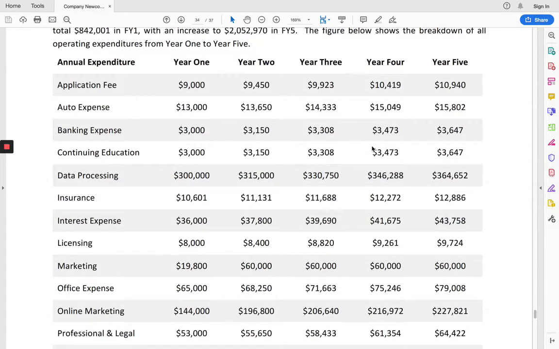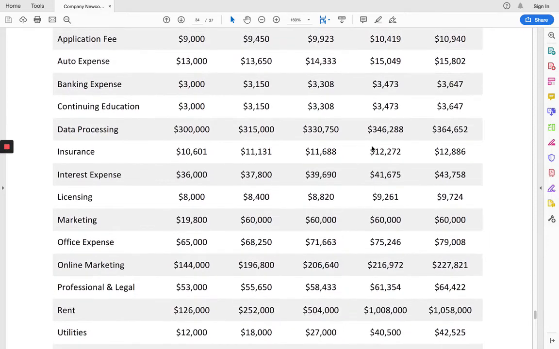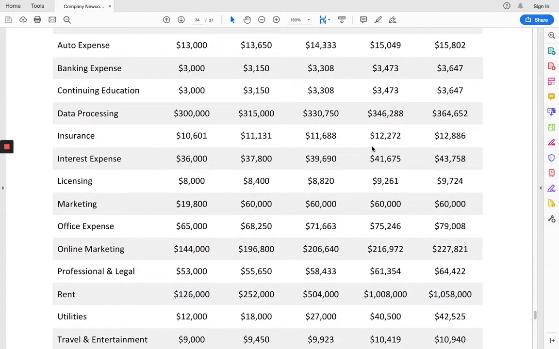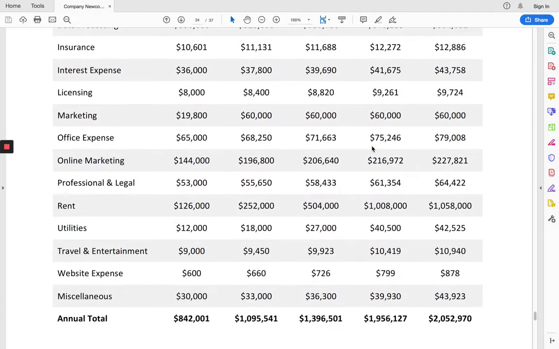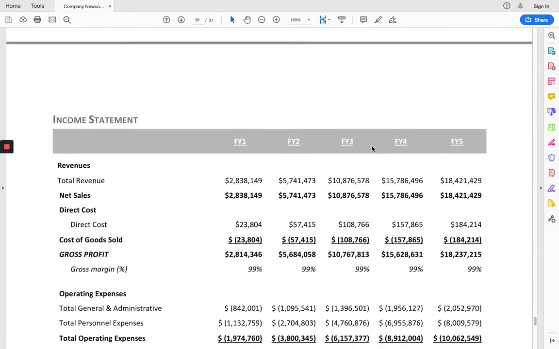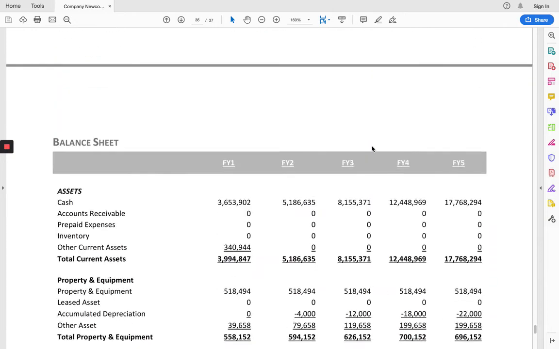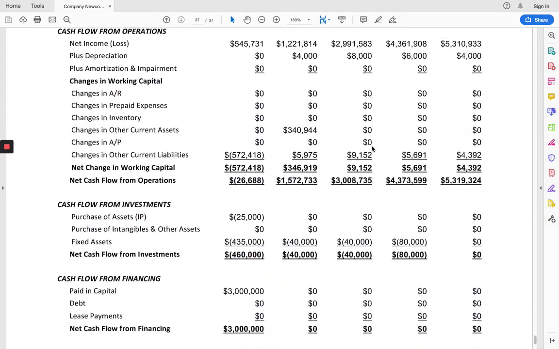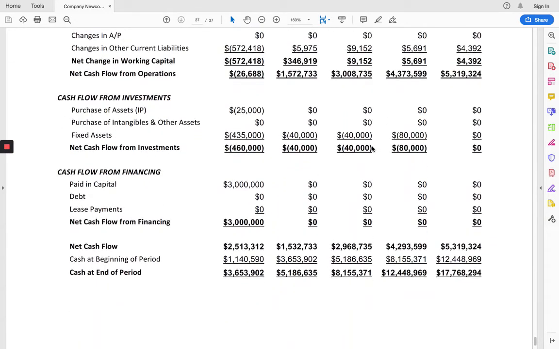So they can see what costs are growing, what costs are staying the same, and get a good idea of how these numbers were calculated. And most importantly, at the end, giving a 5-year income statement, a 5-year balance sheet, and a 5-year cash flow statement, which are the required financial statements that any investor, any bank would want to see.